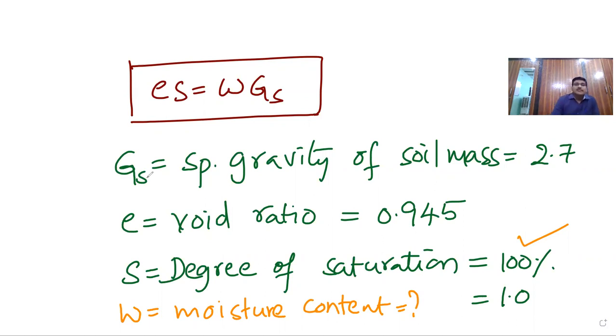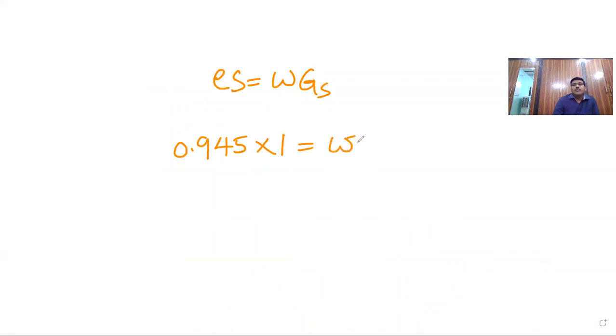Now, let us substitute in this basic formula. So, eS is equal to omega GS. e is given 0.945, into degree of saturation is 1. Omega, we want to find out. GS 2.7.